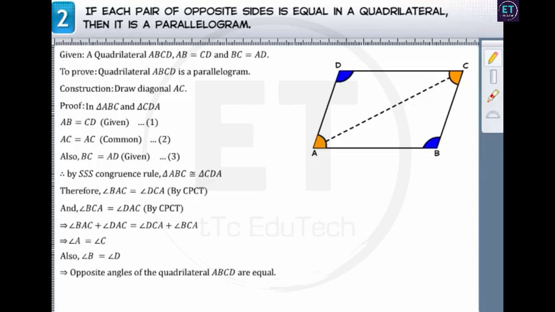That is, opposite angles of the quadrilateral ABCD are equal. We know that a quadrilateral is a parallelogram if the opposite angles are equal. Hence, the quadrilateral ABCD is a parallelogram.